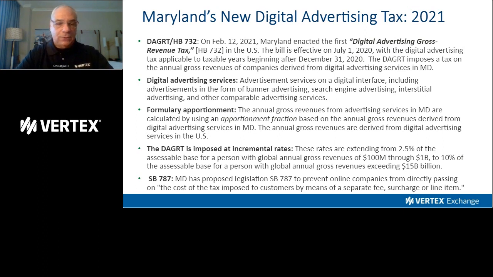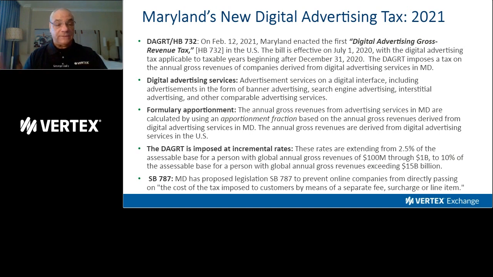Okay, so we finally arrived. As you know, in 2021, Maryland passed the United States' first digital advertising tax, right? On February 12th this year, it enacted the digital advertising gross revenue tax, which is a digital service tax.